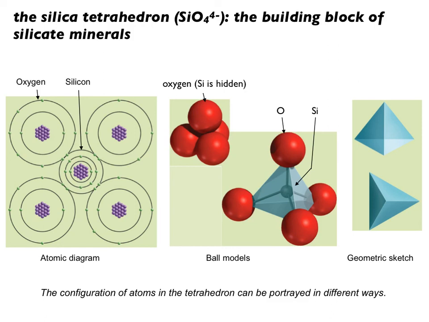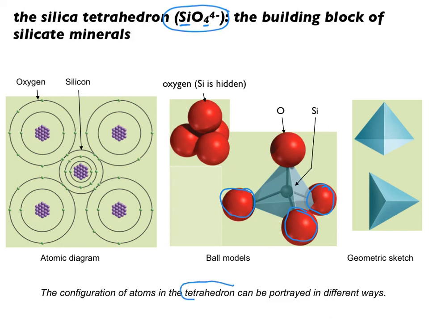So silicates, I've told you what the formula is. Silicates have 4 oxygens bonded to every 1 silicon cation, and they form these little pyramid shapes that have a 3-sided bottom. Each one of these red balls is an oxygen atom, and you can see that 3 of them form the stable base of the silicon tetrahedron.